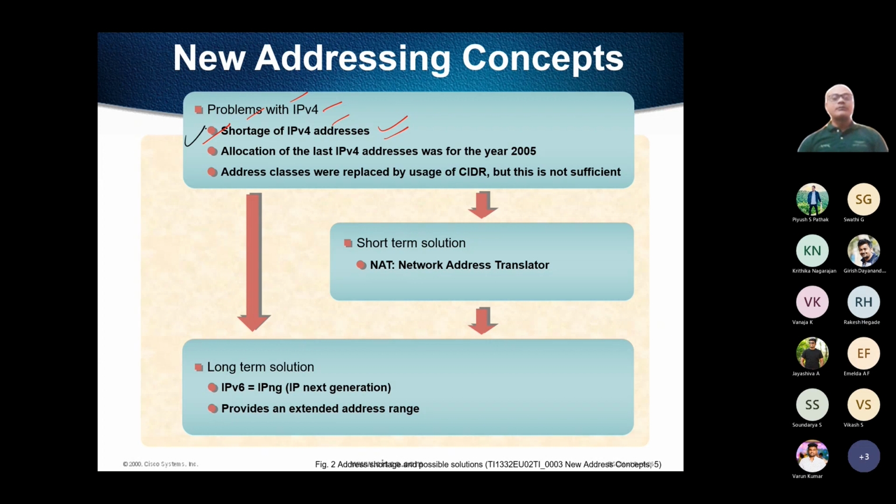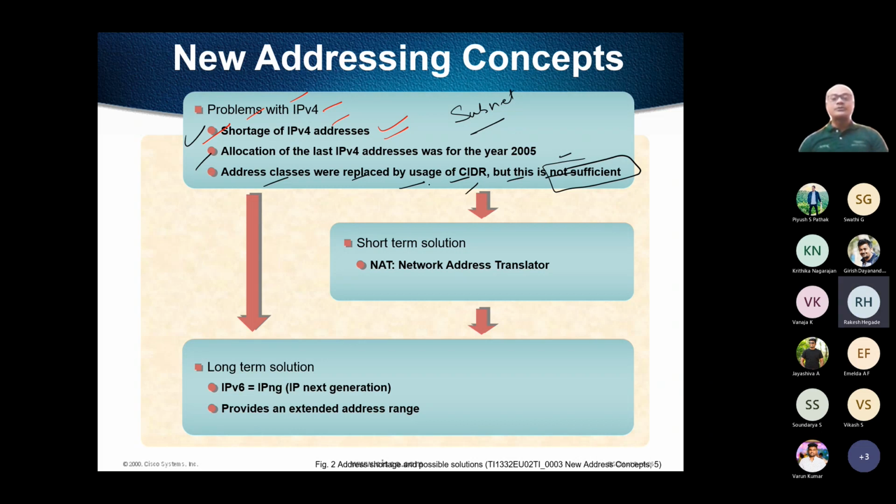So we have come up with a solution for this. Even if you use CIDR or subnetting, dividing a big network into small networks to save IP addresses, that is also not sufficient.